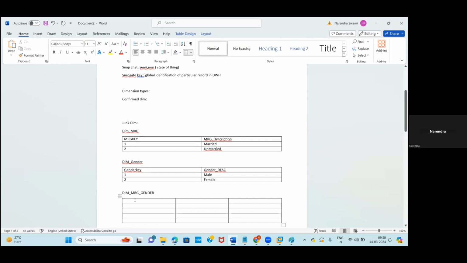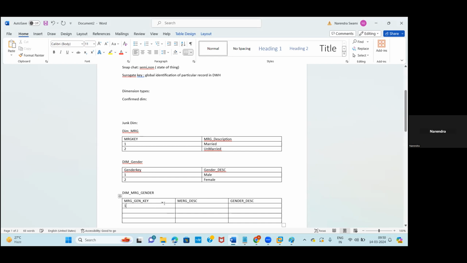And here I'm taking a key as marriage and gender key. And here it is a marriage description, and it's a gender description.